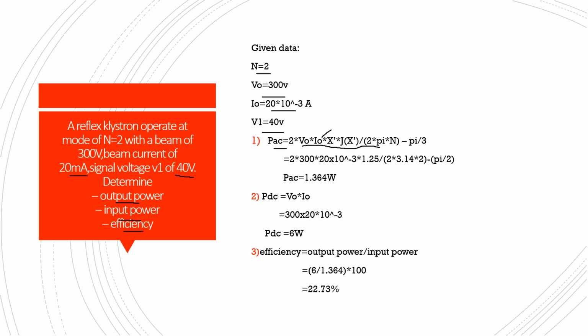Here the coefficient X bar and J of X bar are constant, and the value of X bar into J of X bar is 1.25.